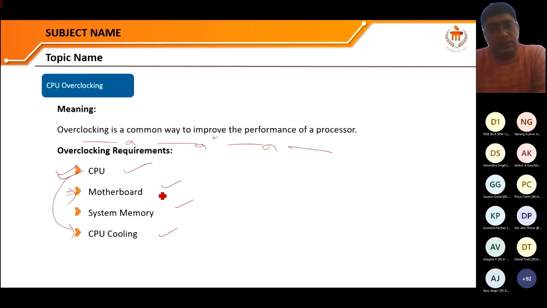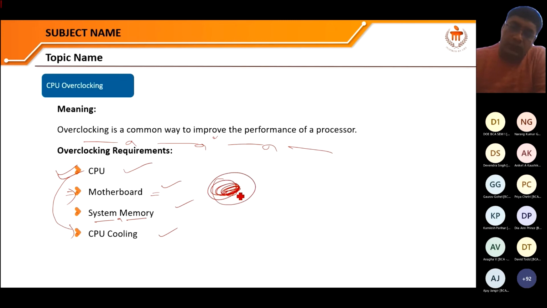And system memory is also needed. Suppose we are increasing the clock speed and it's running faster, it takes the instructions from the RAM. And suppose the RAM size is 256 or 512, then it can take only a limited size of memory.